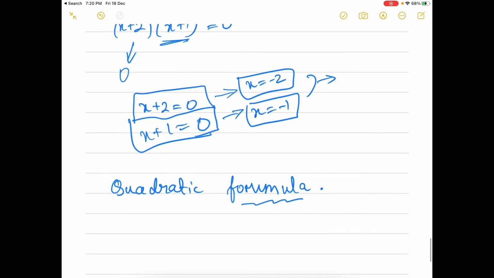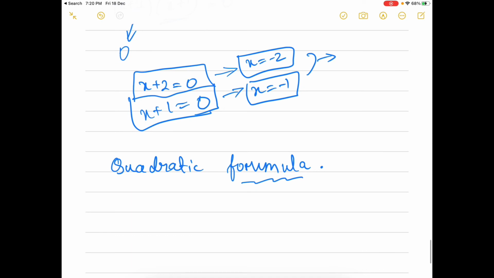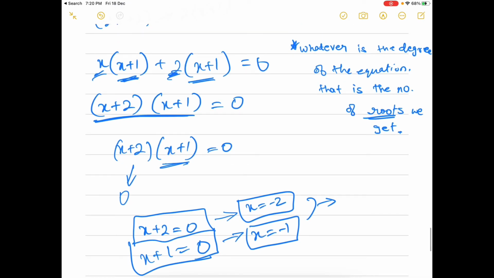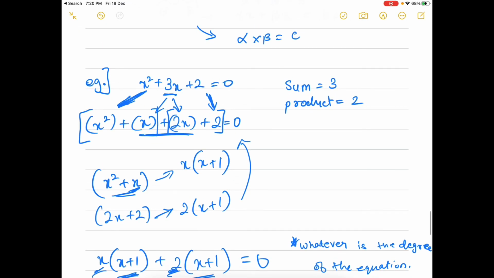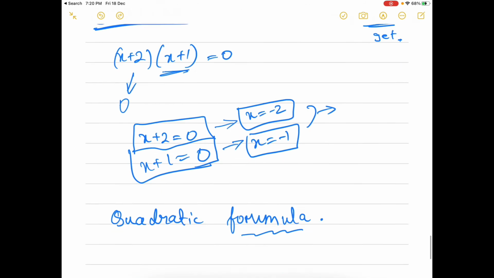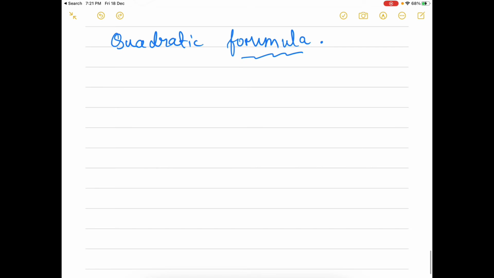At times we can't find the value of x by factorizing, just like how simply it happened over here. It's not always possible that we get it as simple as that. So we use the quadratic formula, which is as below: x is equal to minus b plus or minus under root b square minus 4ac, divided by 2a.